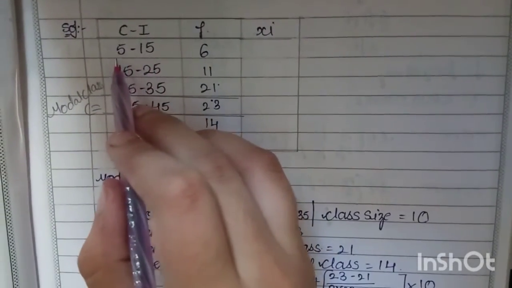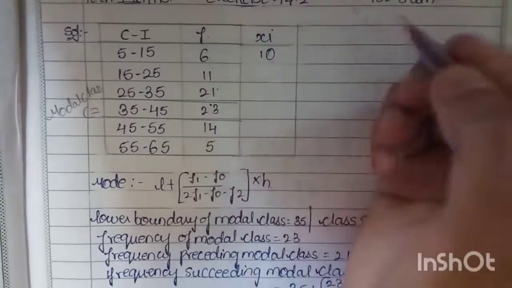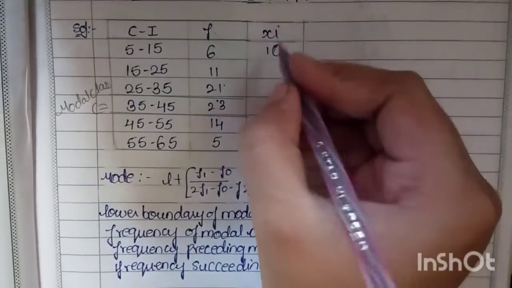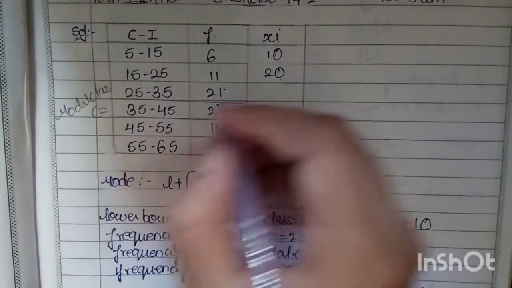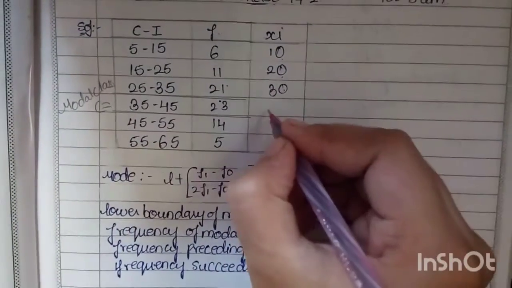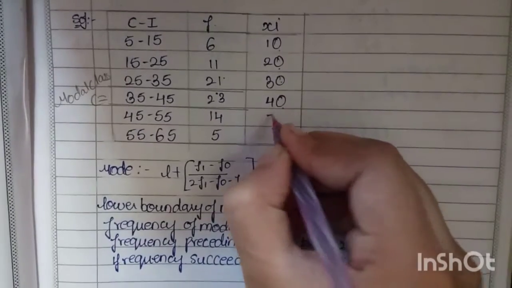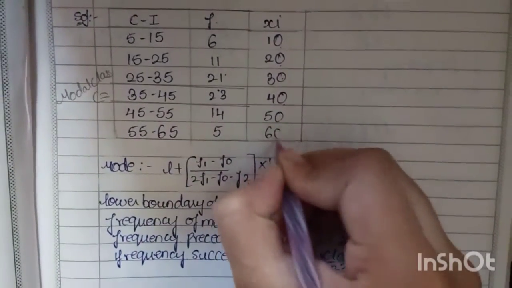So 15 plus 5 is 20 by 2 is 10. 15 plus 25 by 2 is 20. 25 plus 35 by 2 is 30. 35 plus 45 by 2 is 40. 45 plus 55 by 2 is 50. 55 plus 65 by 2 is 60.